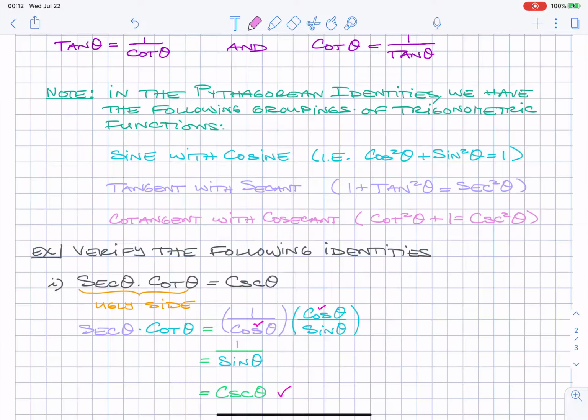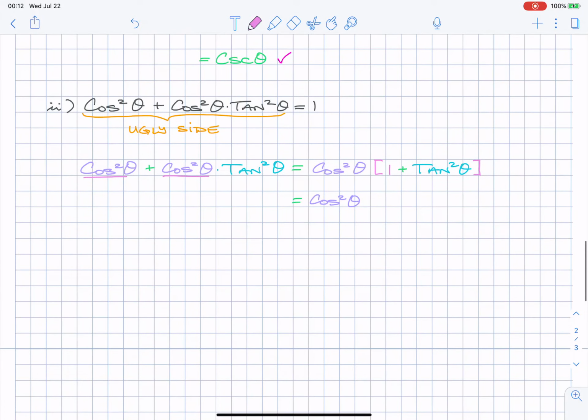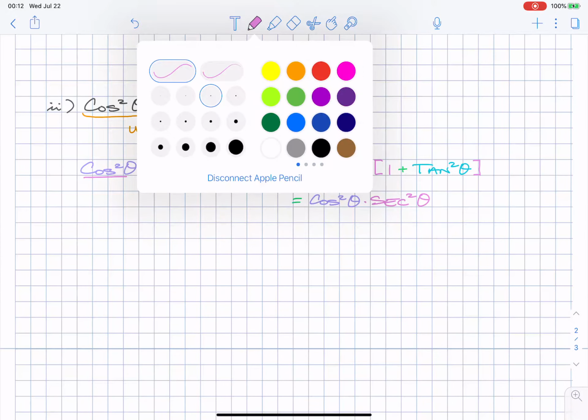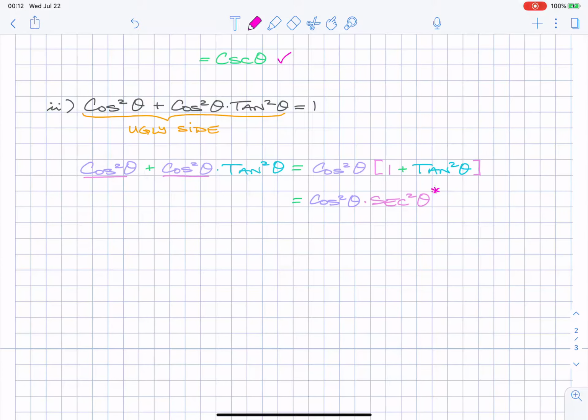It's secant squared theta. So I can rewrite this as secant squared theta, and then I'll put an asterisk. And that's because 1 plus tangent squared theta is equal to secant squared theta, right? That's one of our Pythagorean identities.